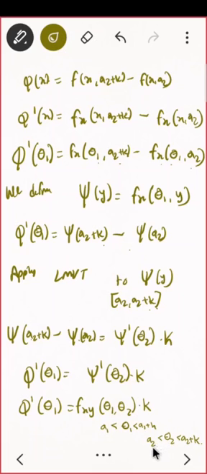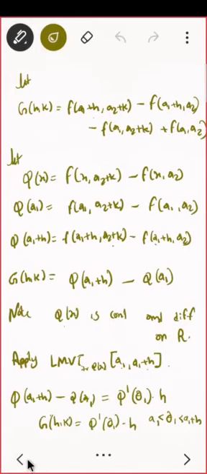So I have got the value of fxy, but remember one thing. What is g of hk? Let us go back. What is g of hk? This is phi of e1 plus h minus phi of e1, which was same as phi dash of theta 1 times h. Correct? So I want to use this.